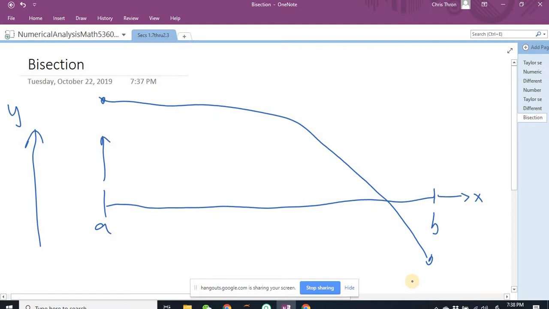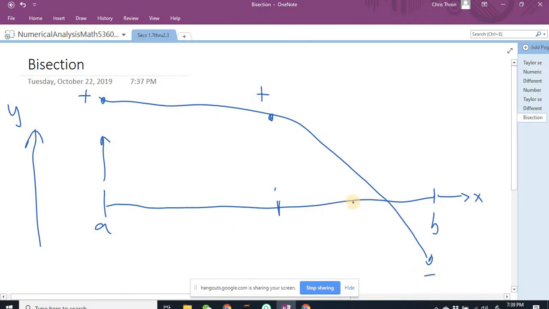That follows from the intermediate value theorem from calculus. I'll label this as plus and this as minus. I have no idea where the root is, so let's look in the middle. Now this one is up, so this is another plus. So now this one's plus, this one's minus. There has to be a root somewhere in there, right?